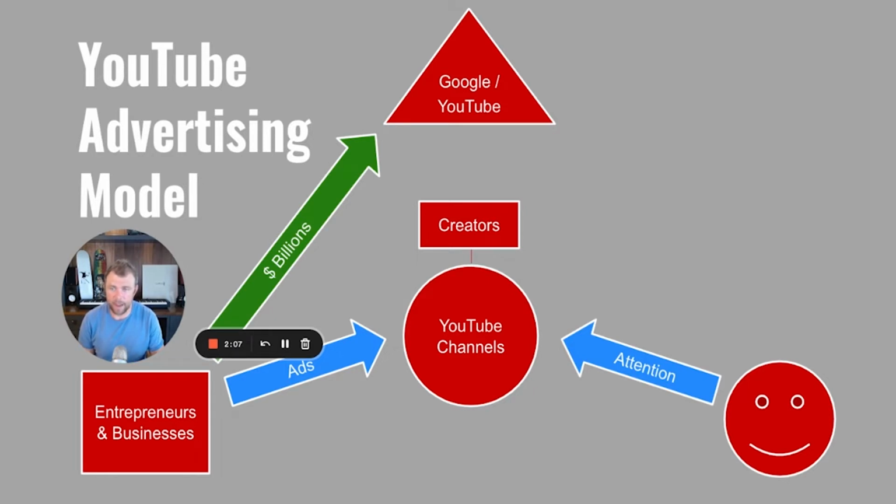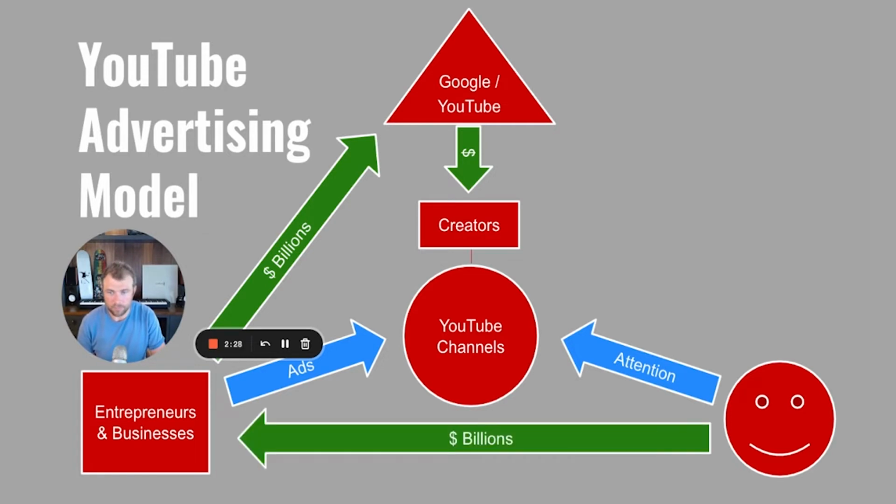These businesses are paying billions of dollars to Google and YouTube in order to advertise on their platform. Google and YouTube take some of this money, and that's what they use to pay creators or these YouTubers. This is done through AdSense, right? So that's one way that creators can make money in the YouTube ecosystem.